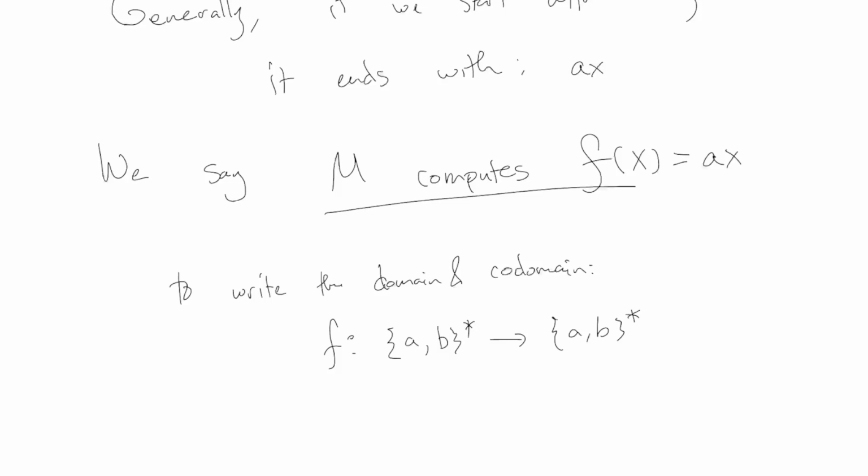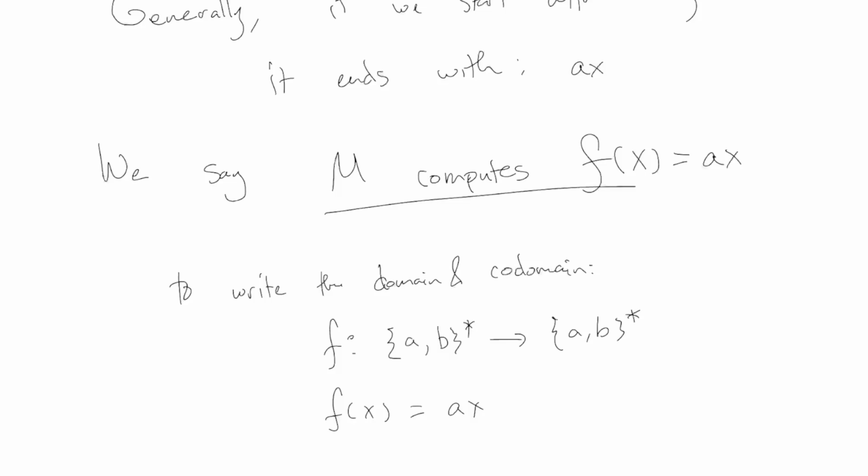F is a function going from AB star to AB star. That is to say, this is the domain of the function here. What you plug into f is any string of a's and b's. And this is the codomain. That is what kinds of things come out of this function. They are, again, strings of a's and b's. But the definition, the formula, is this: f of x equals ax. All right?